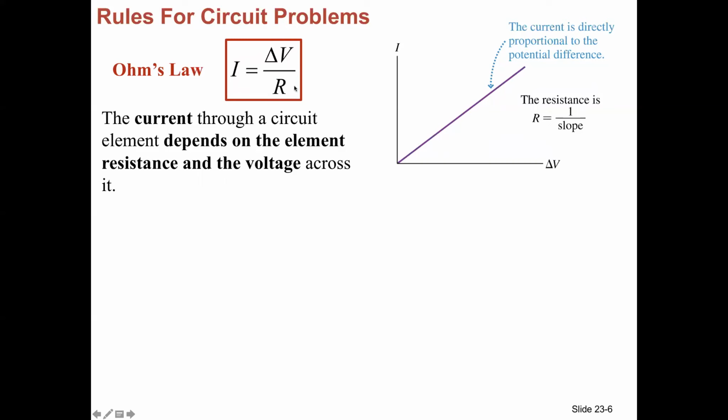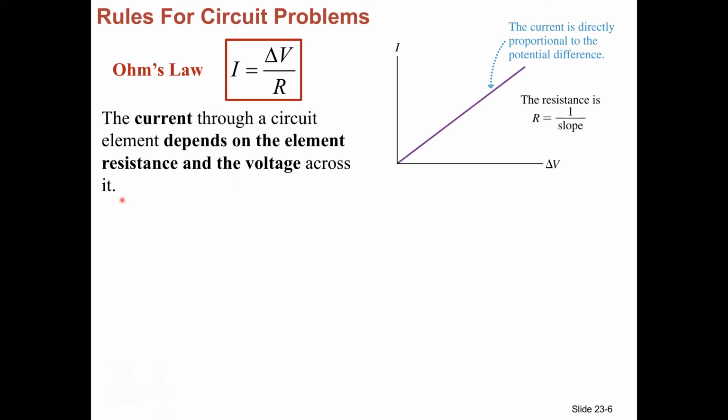This is going to be really important in a lot of circuit problems, because if we know how much energy we lose over a resistor, and we know the resistance, that will allow us to find an unknown current. This is a key rule for a lot of circuit problems. We'll come back to it again and again.